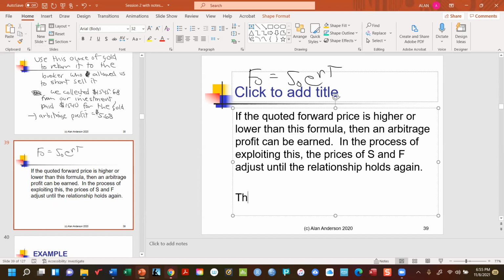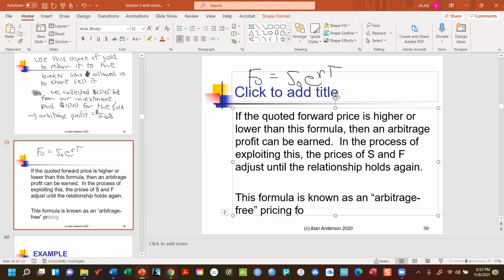So therefore, this formula is known as the arbitrage-free pricing formula. Okay, because this is the only price of F at which no arbitrage opportunities can arise.